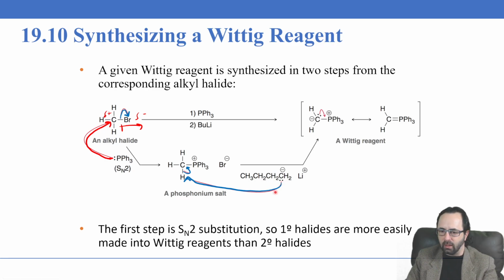We then have a deprotonation here by this strong base, the butyllithium here, and after that deprotonation, we have a carbon where these 2 electrons are left on the carbon, giving us 3 bonds and 1 lone pair, and thus a negative formal charge.